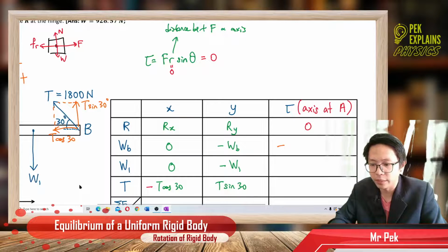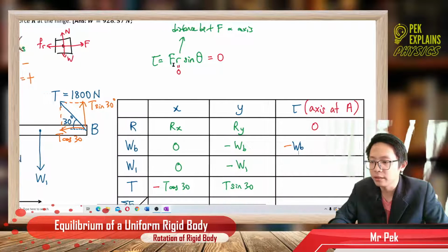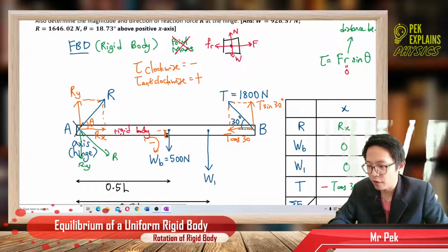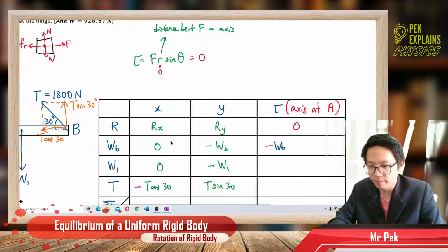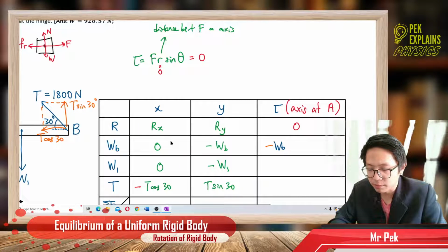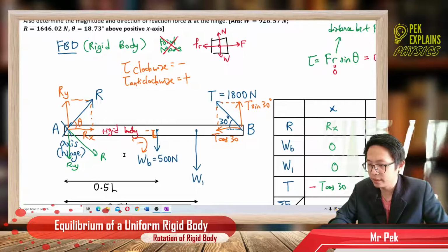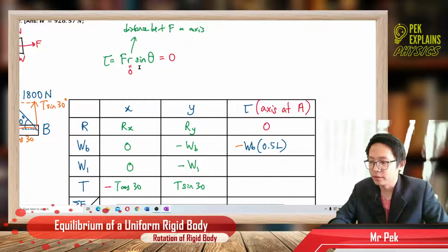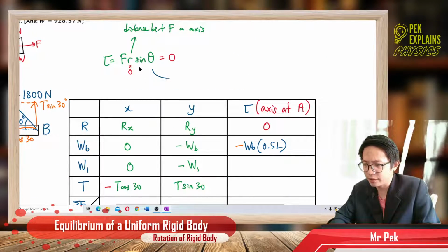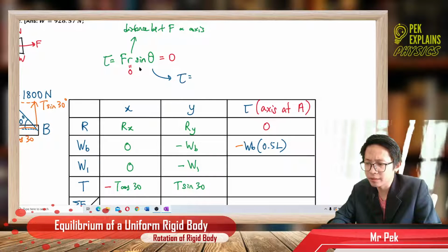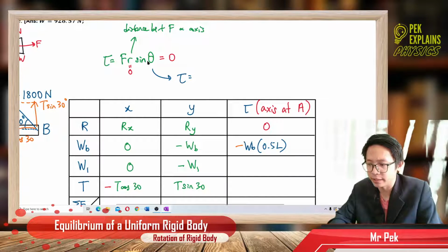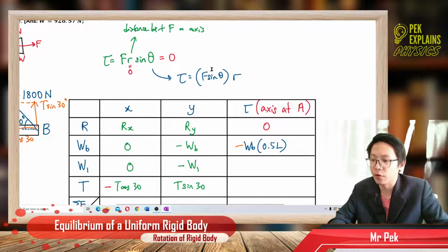Or you just put it as the weight of B. The force is the weight. The distance r is 0.5 L. So just multiply 0.5 L. Actually, do you know that the sine theta here is actually the perpendicular component of force?